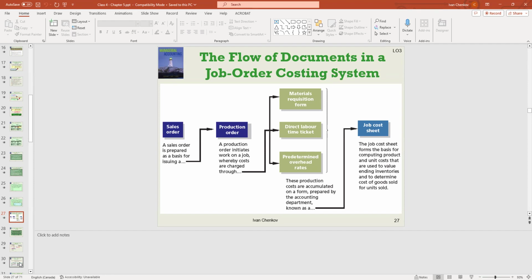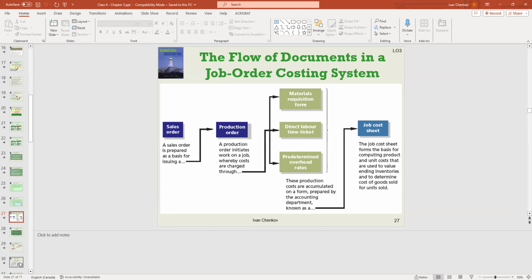Now, when we are selling and we have to produce our product based on the sales order, what's the proper documentation? First, when somebody calls on the phone, we're going to create a sales order. Based on the sales order, we're going to issue the production order. Production order is how many products have to be produced.